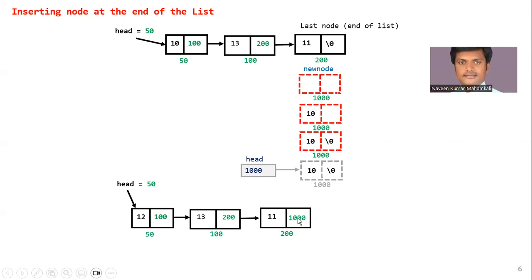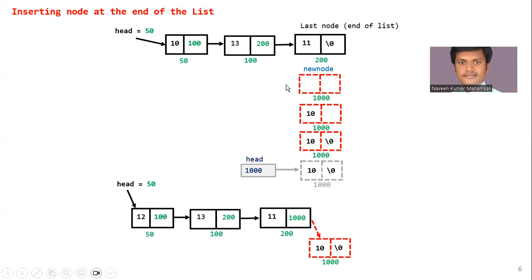The last node's next field, which PTR points to, is made equal to new node. As a result, it will point to the new node. We have already inserted the null at the end of the new node. So you can see this new node is inserted at the end successfully. These are all the steps involved in inserting a node at the end of the list.